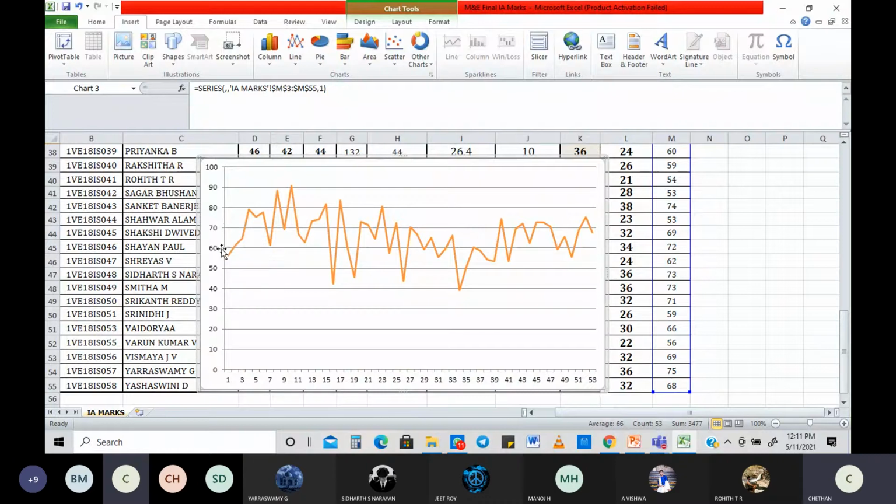Okay, so if you take that into perspective, maybe 60 to 70 is the marks where the majority of it is getting satisfied. Okay, 60 to 70 is the point. Between 60 to 70 is the data points where the majority of it is getting satisfied.